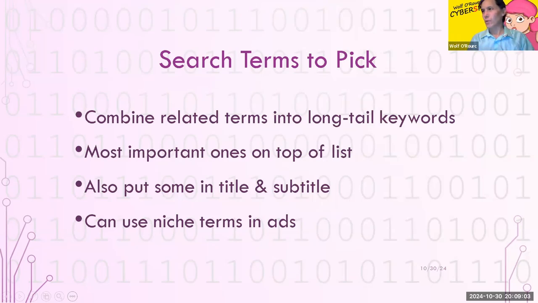If they apply to you, just because they are not really searched or if they're too competitive, you may not want to waste your 7 slots or your 2 slots on those. But if they apply to your book, you can still use them in ads, because in ads, you can put in 100 keywords, 150 keywords. As long as they're related, that will make for a good ad.